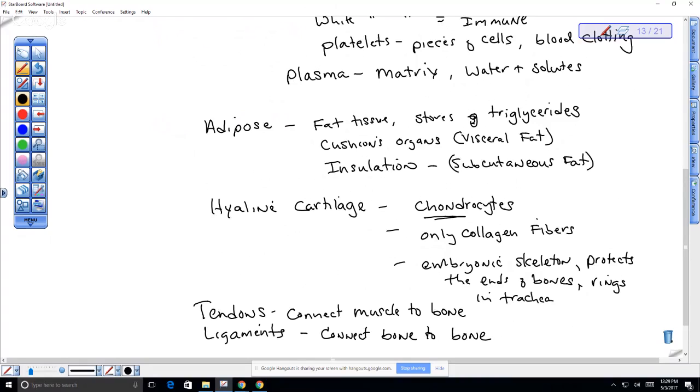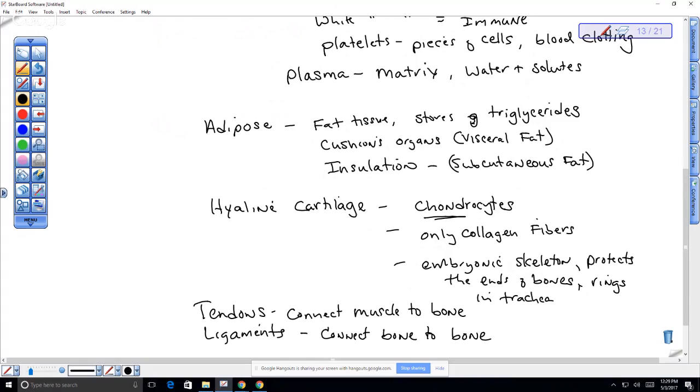So some that you probably have heard about are the ligaments in your knee. So if you have a knee injury, sometimes you cause the rupturing of the cruciate ligament. And so the cruciate ligaments are these ligaments that cross in your knee joint like this, and they connect the femur to the tibia.